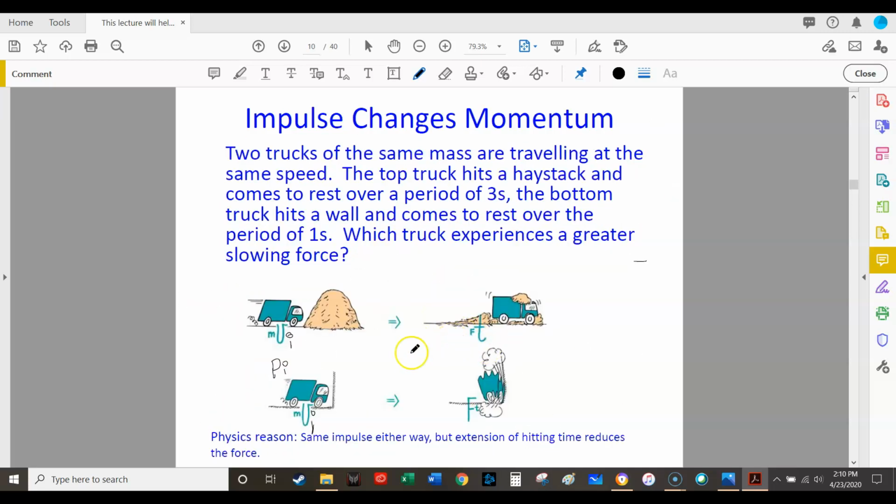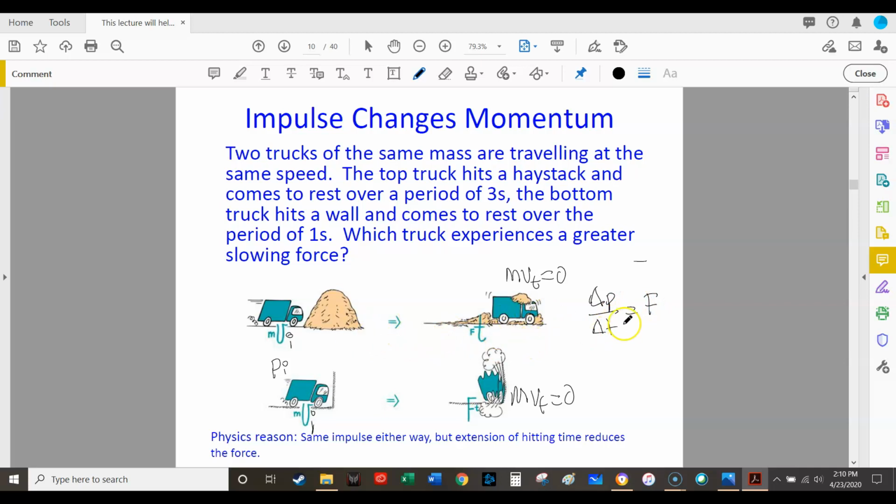And in both cases, the final momentum is going to be 0, right? And what they're showing here is this: just like the last problem, change in momentum over the change in time is equal to force, right?